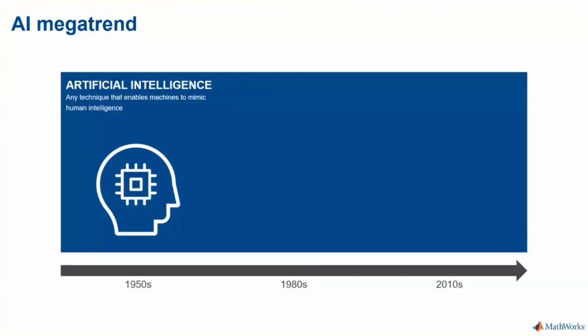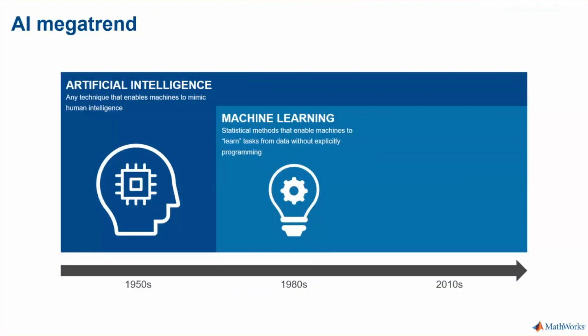These machine learning techniques fall under the umbrella of artificial intelligence. If we look at this on a time scale, these AI concepts were born with the dawn of computing in the 50s. Then in the 80s, machine learning techniques became more popular, as they learned from the data directly without us having to write a program with different instructions.